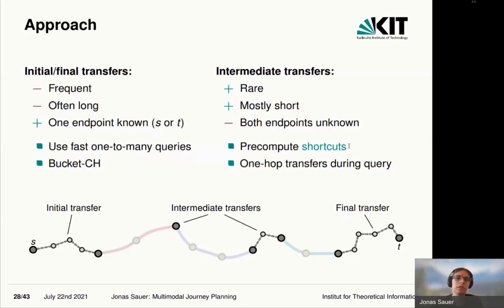So for each intermediate transfer that might ever be necessary, we include a direct edge from the one stop to the other stop that we transfer to. And then during the query algorithm, we have direct edges. So we only have to relax the outgoing edges of each stop and achieve transfers to other stops with one hop in the shortcut graph.